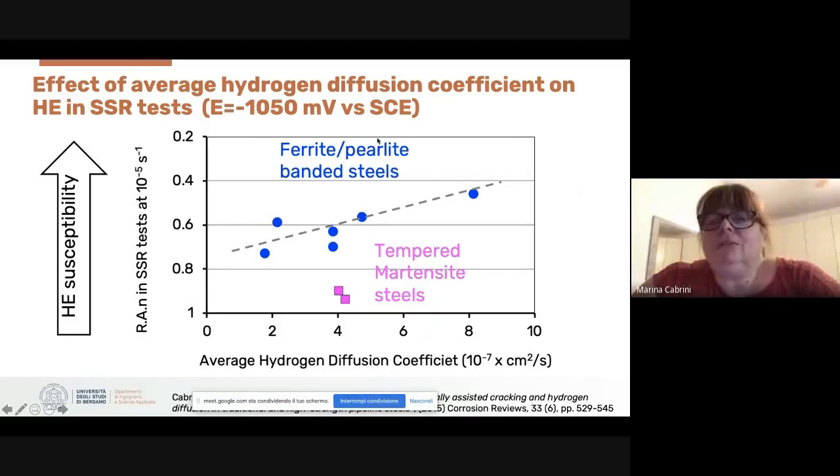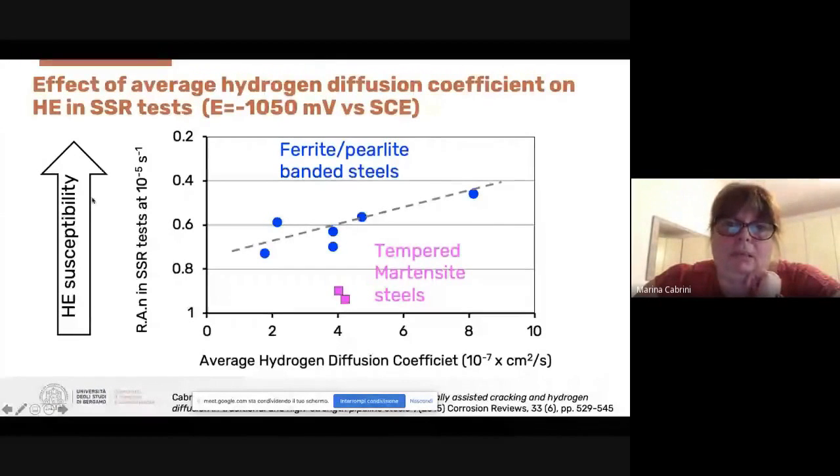But there is also an effect of the microstructure of the steel, because in this case we have some ferritic-pearlitic steel where we can observe a linear relation between the average hydrogen diffusion coefficient and the hydrogen embrittlement susceptibility.